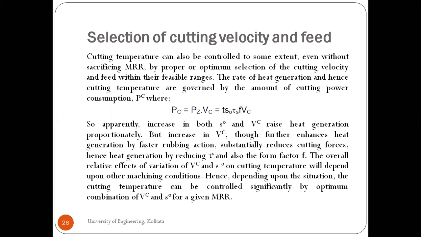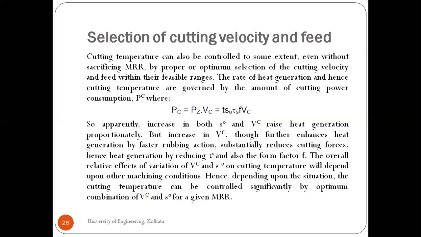By proper and optimum selection of the cutting velocity and feed within their feasible ranges, the rate of generation of heat at the cutting zone and the rise in the cutting temperature is directly related to the amount of power which is consumed, right? Because when more cutting force is required to remove the material, more power will be consumed.